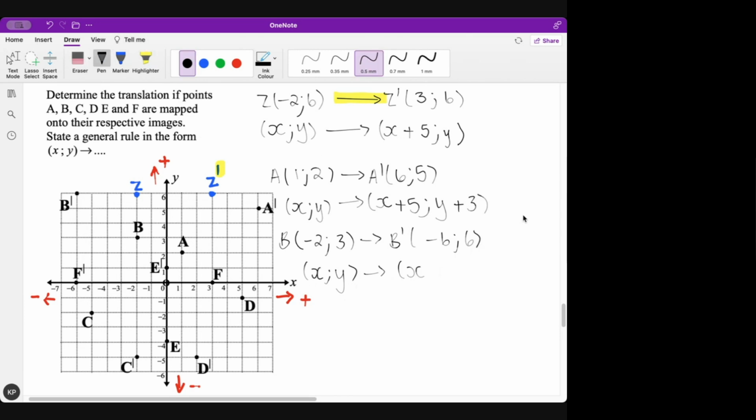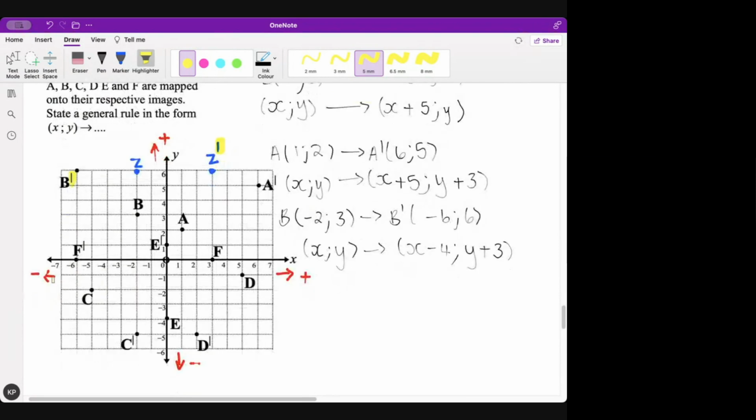X plus or minus, minus, and Alice says minus 4. Let's see. 1, 2, 3, 4. Y plus or minus, plus 1, 2, 3, indeed 3. I know these are hard to see, but this is the B prime. Okay. So we must first identify those.